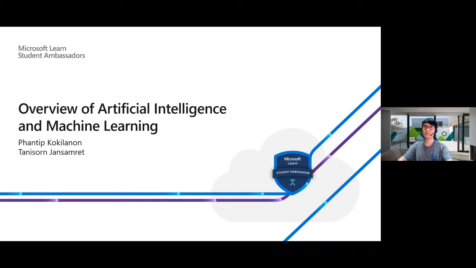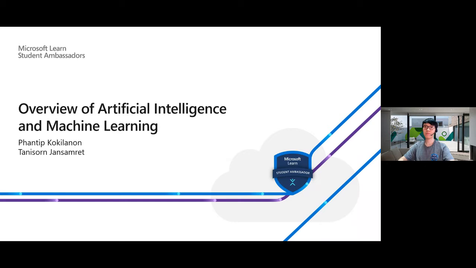So Phantip will be starting off this presentation, but I'll give you a bit of background on both speakers to begin with. Phantip is a Gold Microsoft Learn Student Ambassador, community manager at Spark Tech Thailand, Microsoft certified trainer, educational writer at CAMPHUB, and former intern at Microsoft who likes technology that makes the world a more beautiful place.